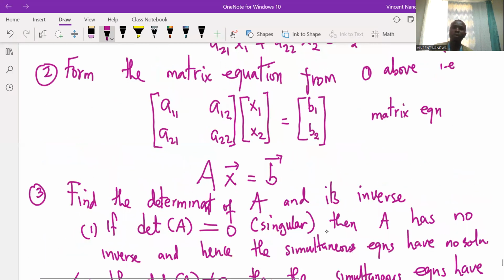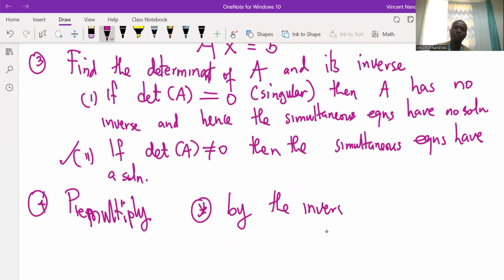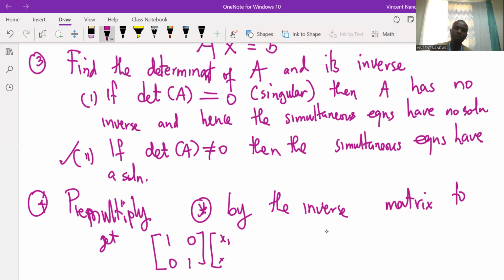If I call this equation star, pre-multiply star by the inverse matrix to get, this must only be the condition, an identity matrix after that pre-multiplication times the variables matrix, and then you'll get some numbers here.